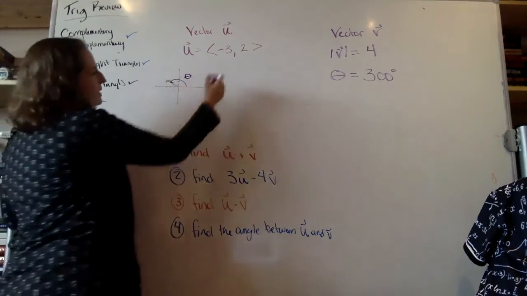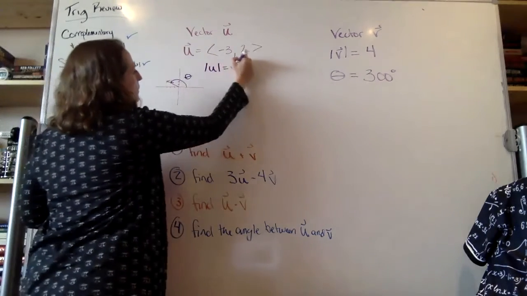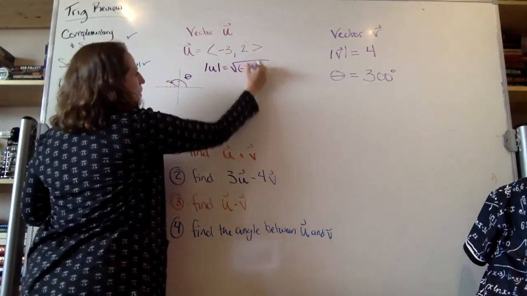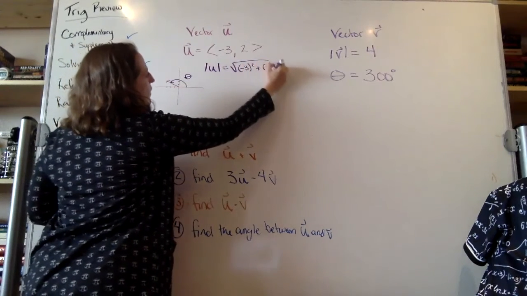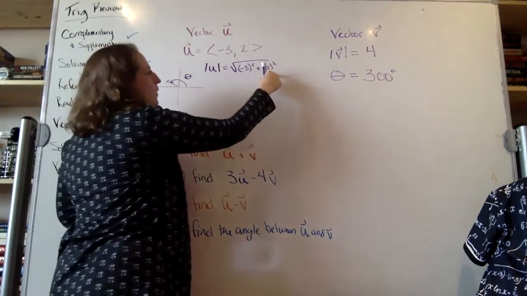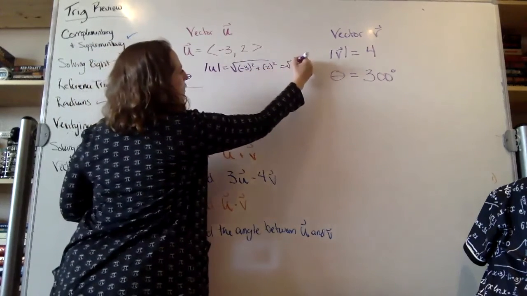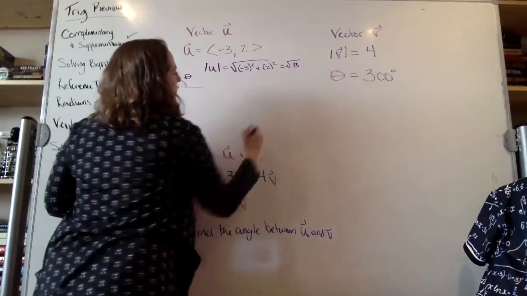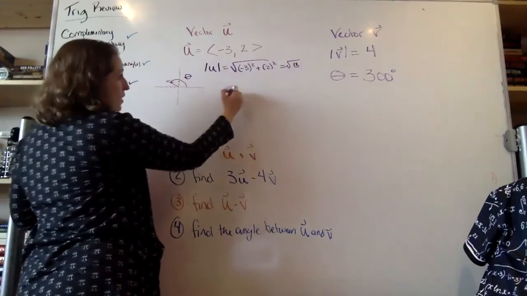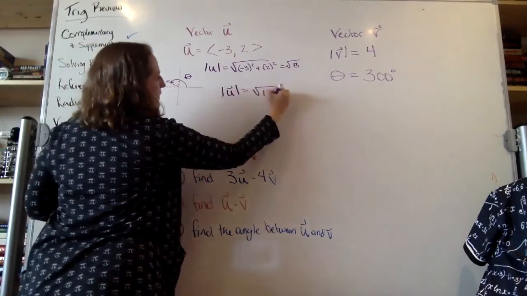Or I can think of the magnitude of u as being equal to the square root of the horizontal component squared plus the vertical component squared. -3 squared is 9. 2 squared is 4. 9 plus 4 is 13, so the square root of 13. Okay, so the magnitude of u is equal to the square root of 13.